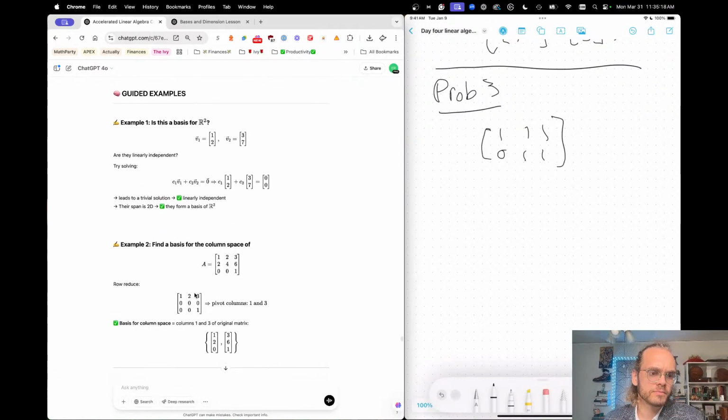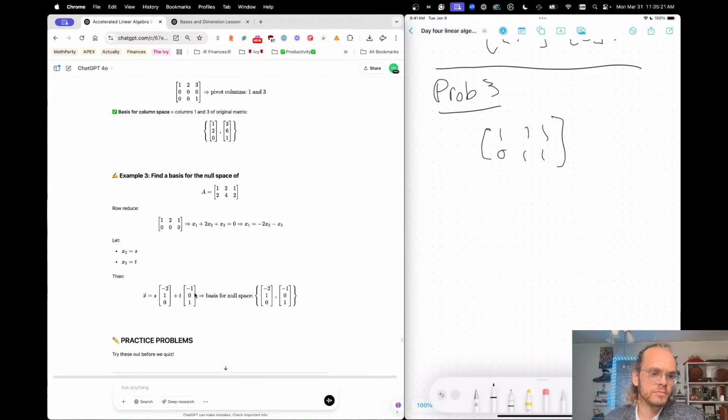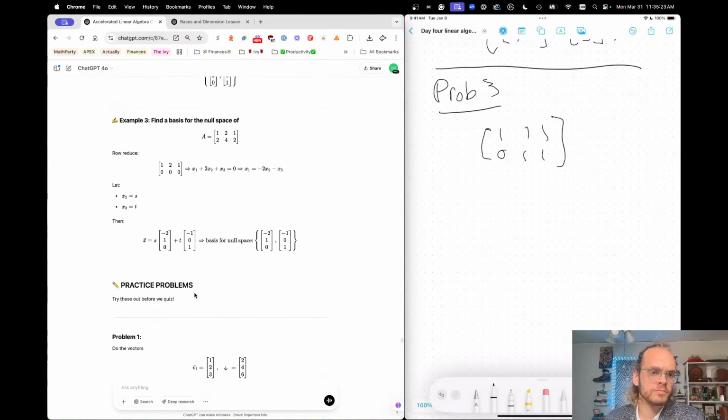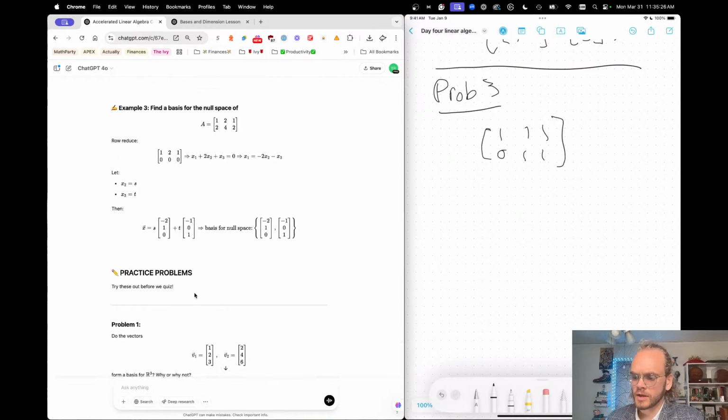Then I go x plus y. I guess I'll use the same syntax as they do. x sub 1 plus x sub 2 plus x sub 3 equals 0. So x sub 1 equals negative x sub 2 minus x sub 3. Say let these be free.